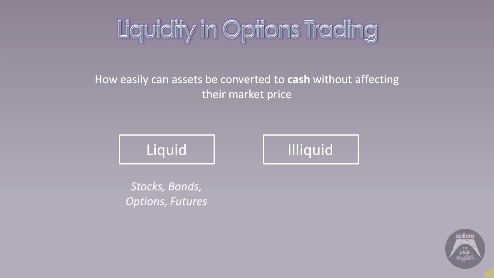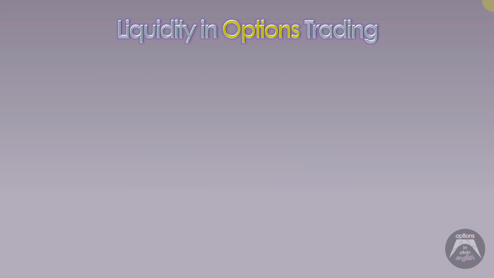Liquid assets can easily, and without a huge loss of value, convert into cash, such as stocks, bonds, options, futures, etc. Illiquid assets are those that cannot be converted easily into cash or without being subjected to a loss of value. Examples of these are real estate, fine art, equipment. When it comes to options trading, though, liquidity can be defined as how easily, and without losing much value, you can enter and exit options positions.